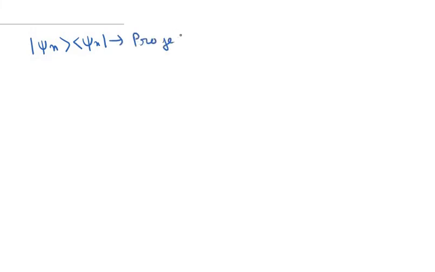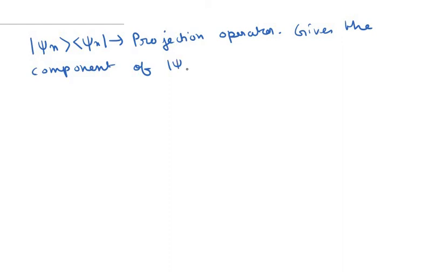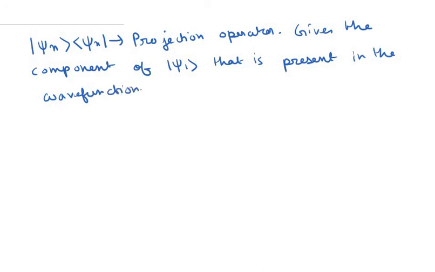I again repeat that this is not a number and this is different from the inner product, and this gives the component of psi 1 that is present in the wave function. Okay, so let us do up to here today. Thank you everyone.